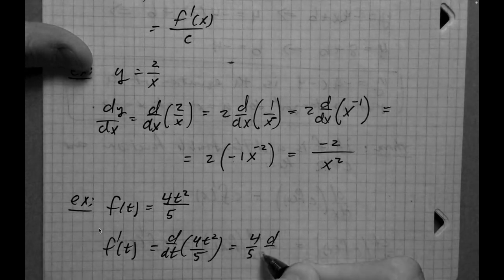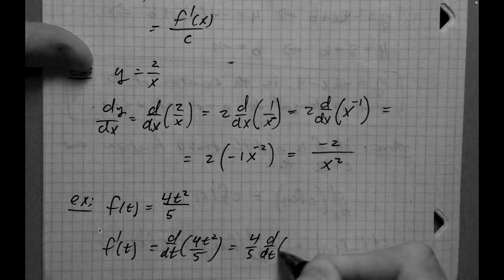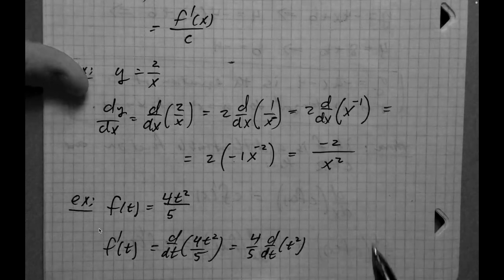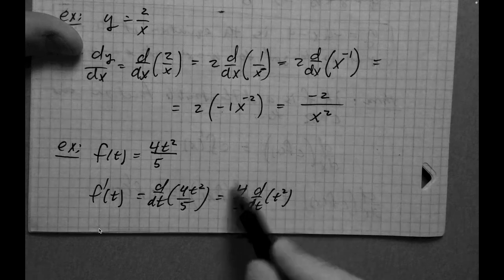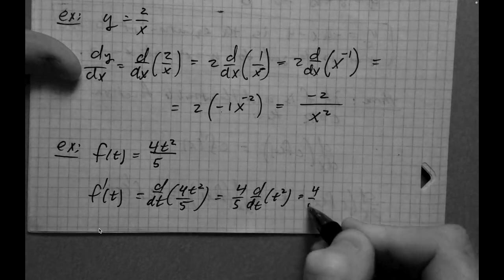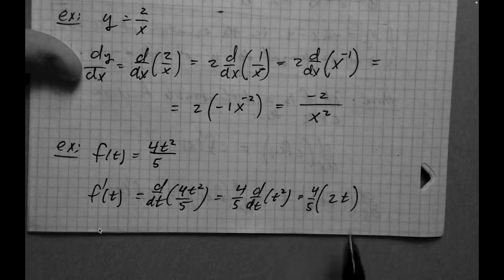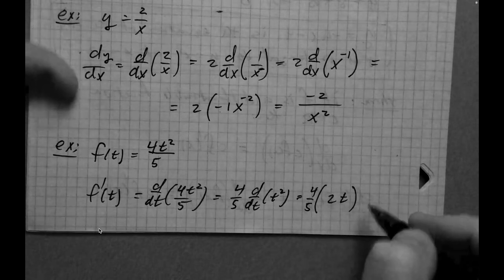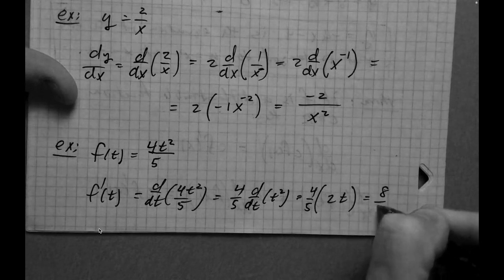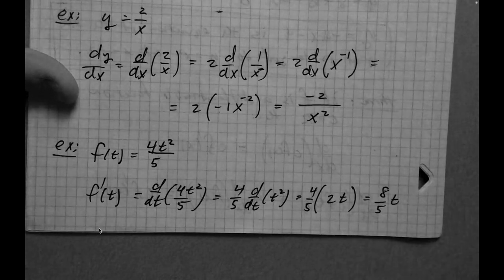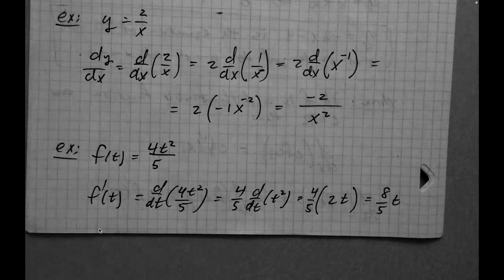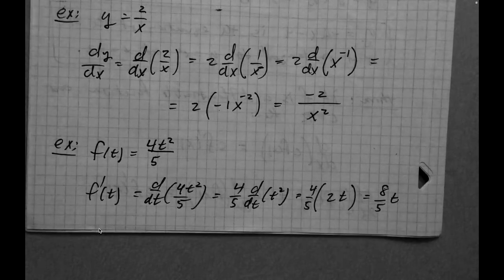You can pull that out just because I want to emphasize that that's what's being done here. That's sort of the emphasis of the section. So the constant comes outside, and then you just have 4/5, and it's 2t, right? So it'd be 2 minus 1 in the exponent. And so this would be 8/5 t. So that's your derivative in this example. Okay. All right, how about a few more?